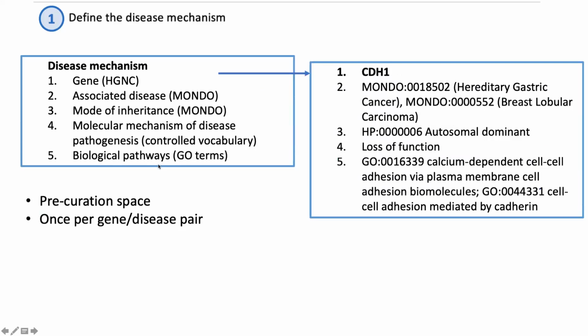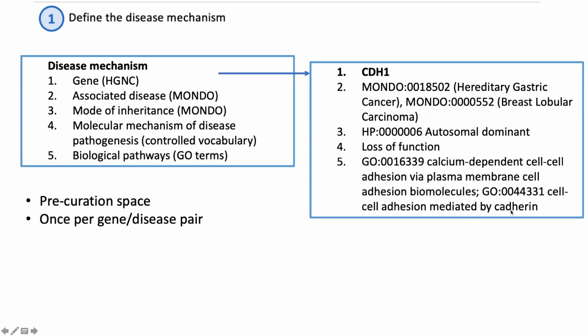And so, for example, for CDH1, your disease could be hereditary gastric cancer or breast lobular carcinoma. It's an autosomal dominant inheritance. Loss of function is the main mechanism of disease pathogenesis. And some of the biological pathways that might be most relevant to disease pathogenesis might be cell-cell adhesion or calcium-dependent adhesion mediated by cadherin.